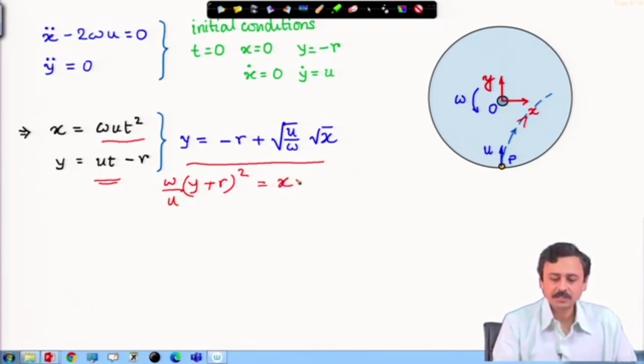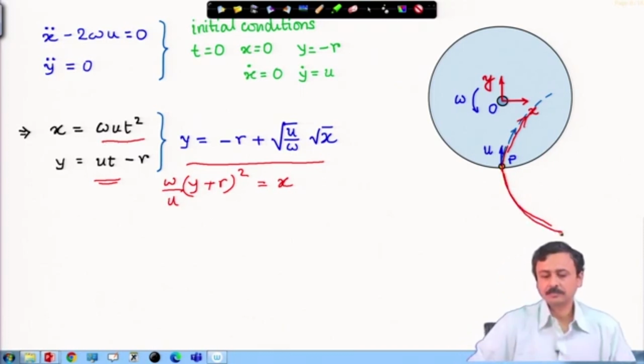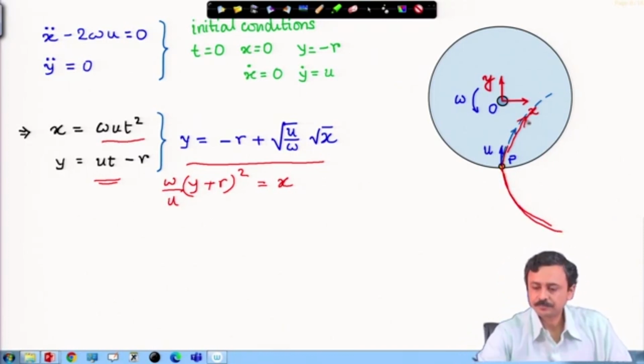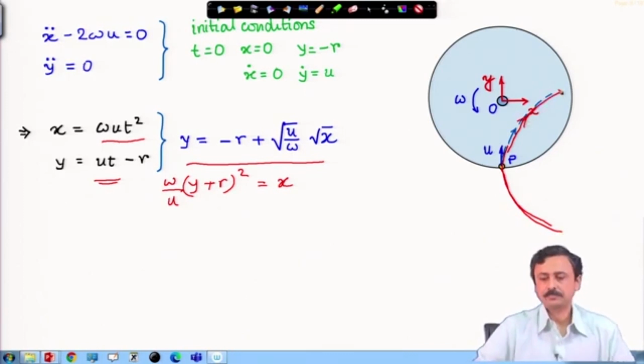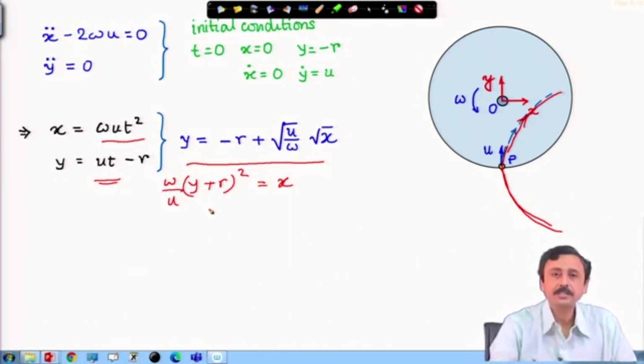This is a parabolic relationship between x and y, only thing the parabola is like this. This is the parabola, it is only shifted in the y axis by a distance r.